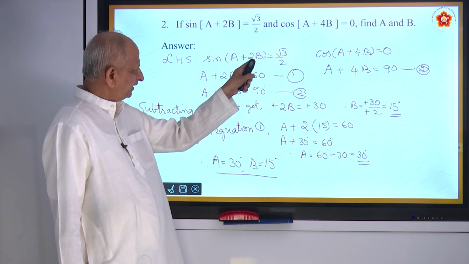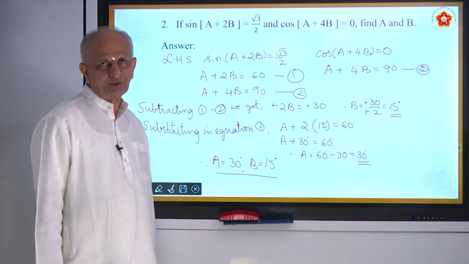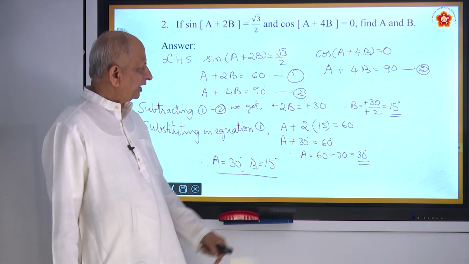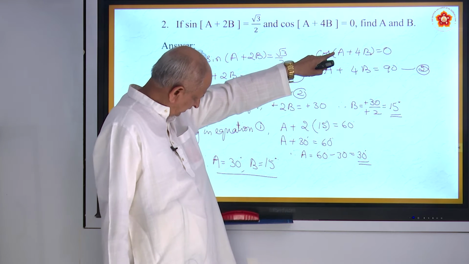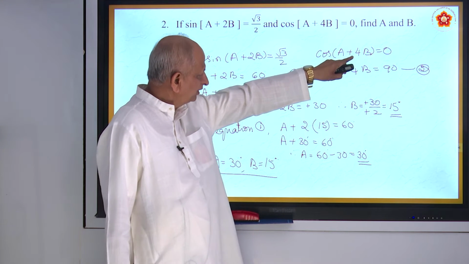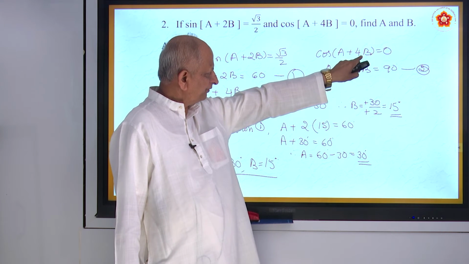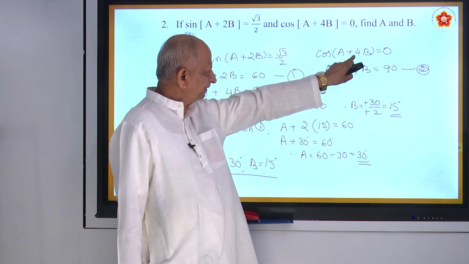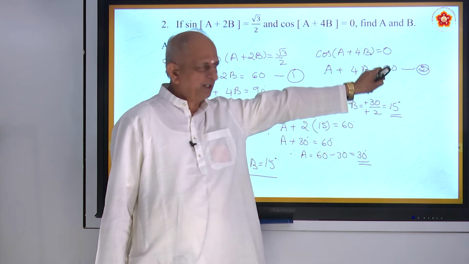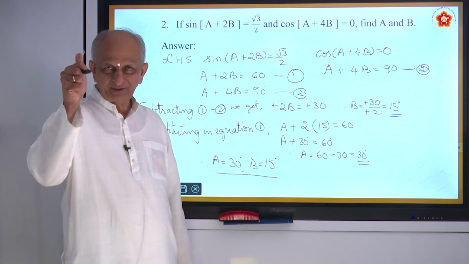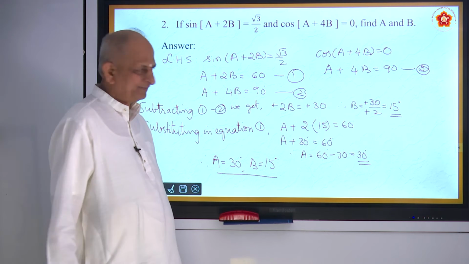So 30 plus 30, 60. Sin 60 is root 3 by 2. Or if you apply it here, A is 30, 30 plus 4 into B, 15 into 4, 60, 60 plus 30, 90. Cos 90 is 0. So what you have done is correct.